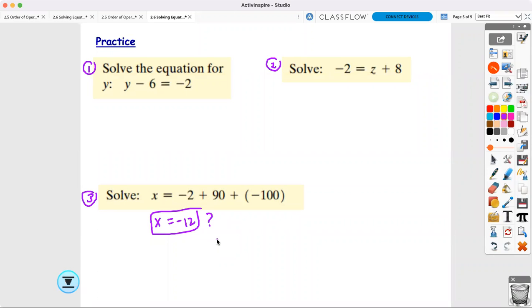I got -93. I got -12 as well. I'm not too sure. I got -12 because it equals 88 plus 90 plus -100.